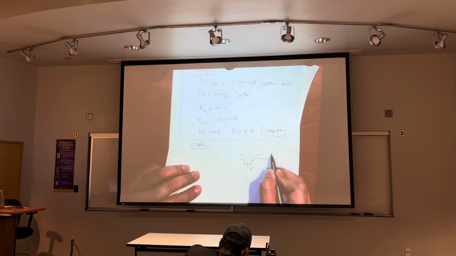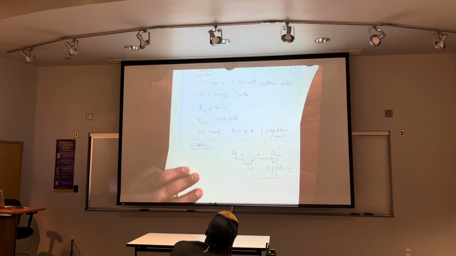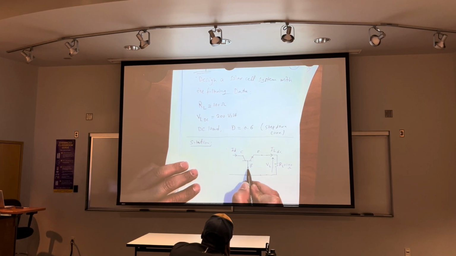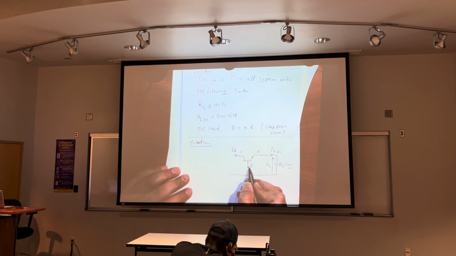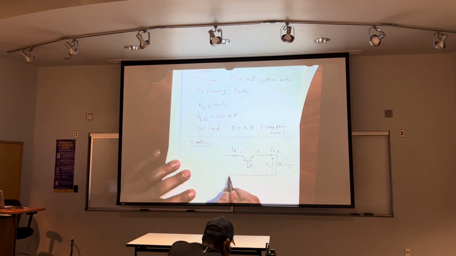See here, this is IL DC, and this is ID. This is connected to the control circuit. This positive, negative, VD.